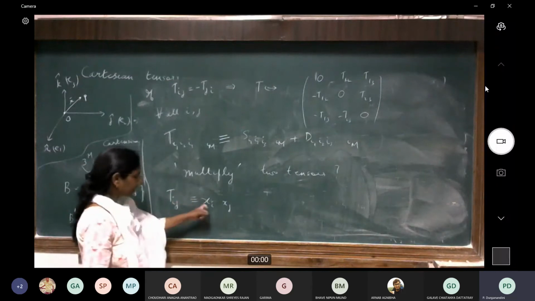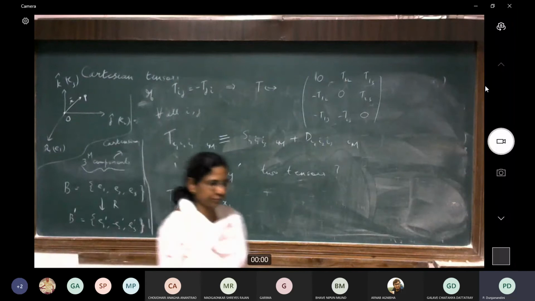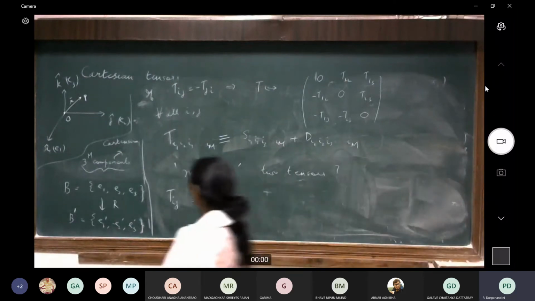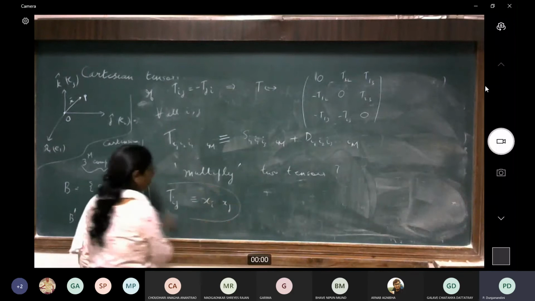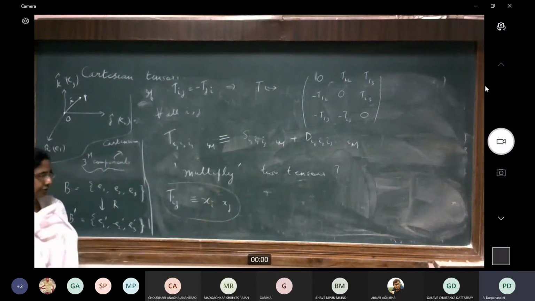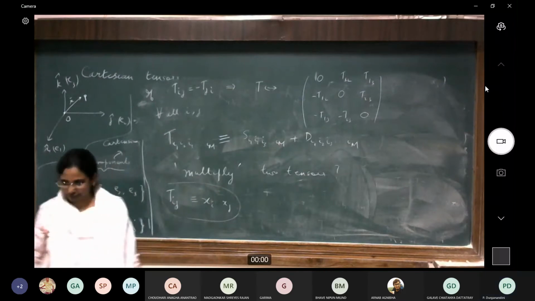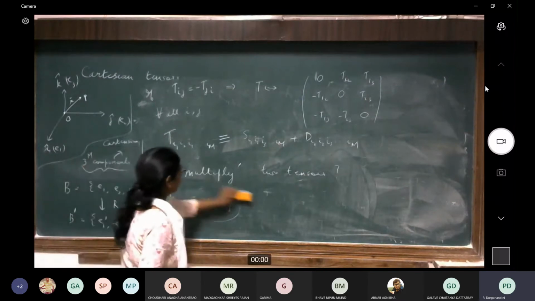And what we saw was that given that xi transforms like the components of a vector, a tensor of rank 1, these 9 elements transform like the 9 components of a second rank tensor. And I call this the outer product of these two vectors, as opposed to the inner product.